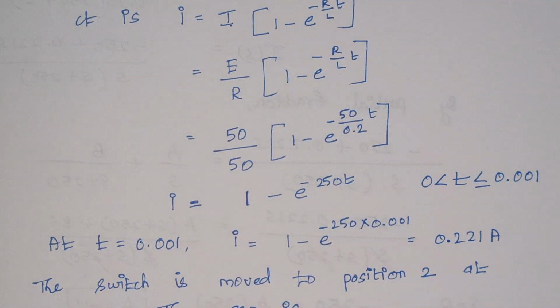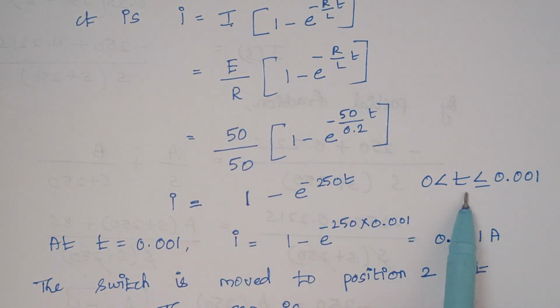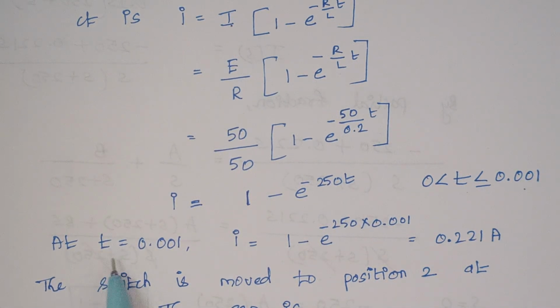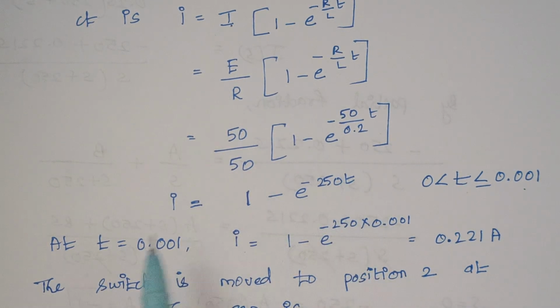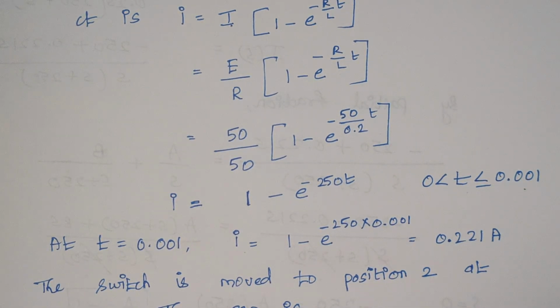Therefore, this is the expression for current till the value of t is equal to 0.001, that is 1 millisecond, right? The next thing is, when t is equal to 1 millisecond, what is the value of current? The current is given by just substituting this value in the place of t. So when you substitute here, the answer is 0.221 amps.